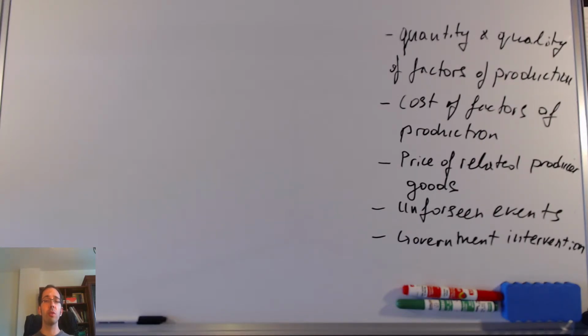When you go to a store to buy a product, you may be paying a tax, but usually you're paying a percentage of the tax, and the majority of the tax is covered by the actual firm that's making this product. Again, tax burden will be a different lesson, which I will film in the near future, I hope.